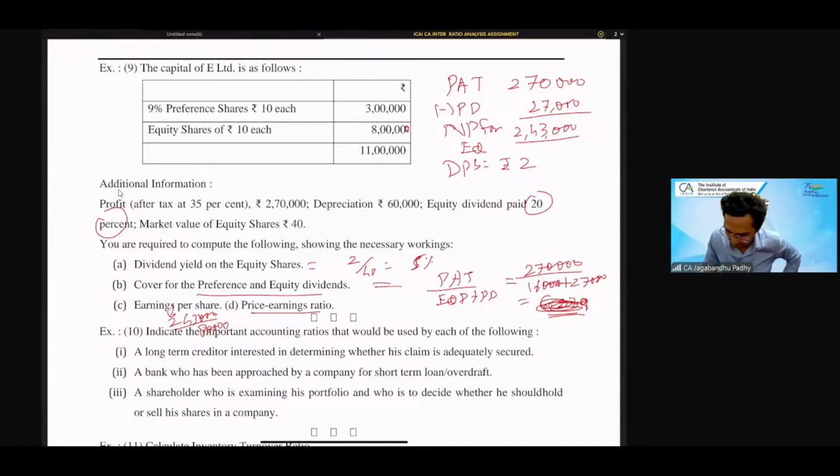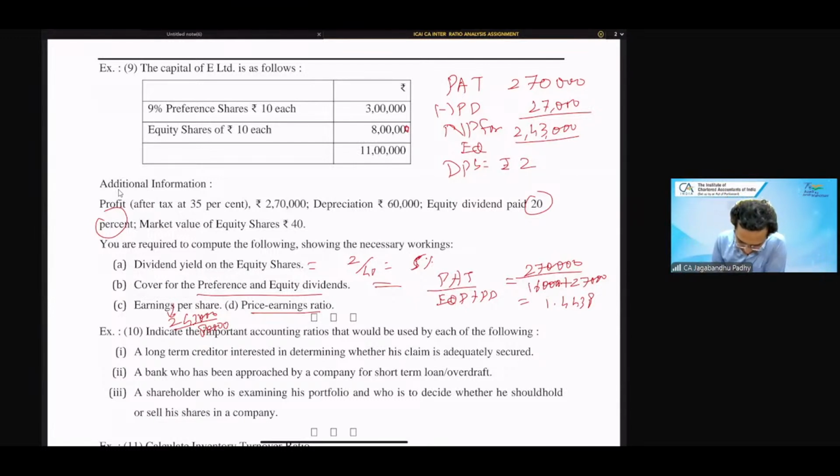Yeah, correct. So this will become 2,70,000 divided by 1,87,000. So it is 1.4438 times. Okay, so 1.4438 times is our income cover.